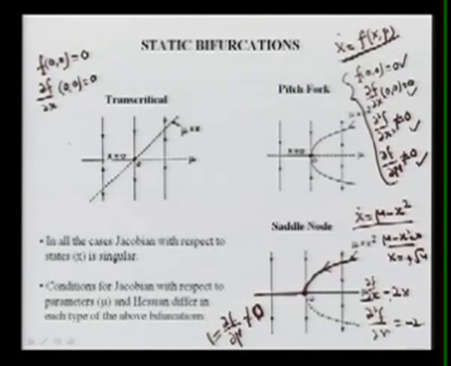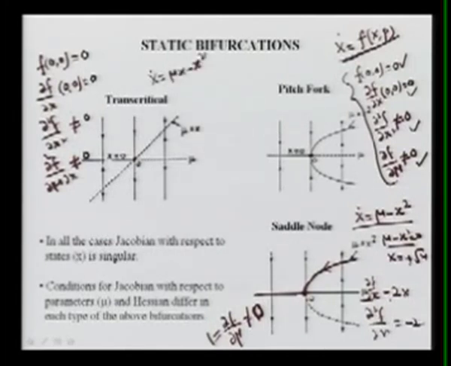Here del square f over del x square is not equal to 0, and del square f over del mu del x should not be 0. So these are the 4 conditions for your transcritical, and the example for this is x dot equal to mu x minus x square.